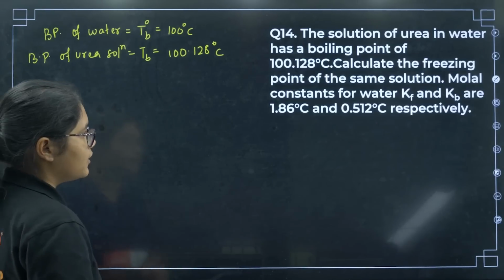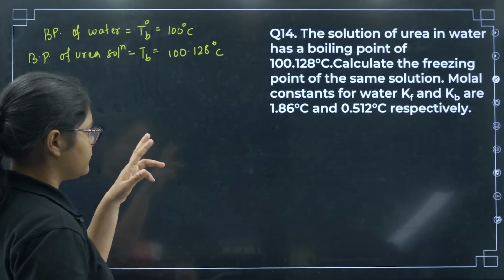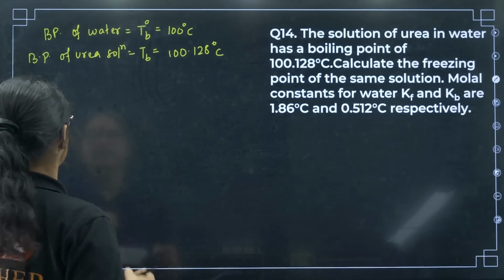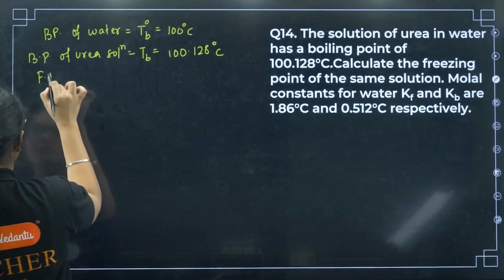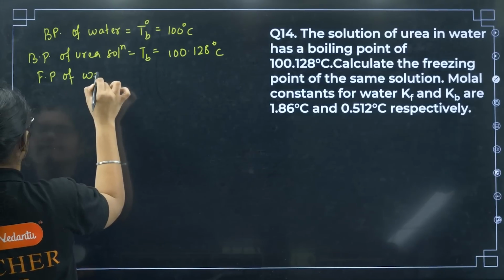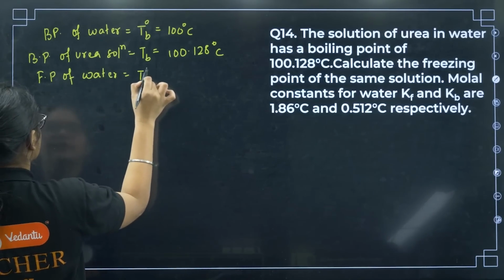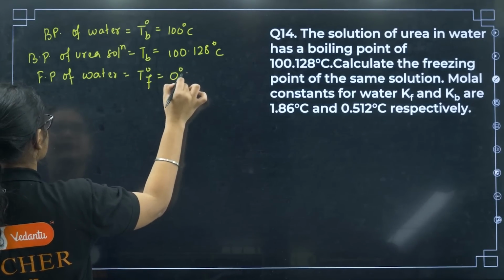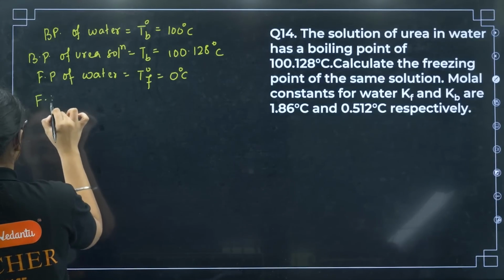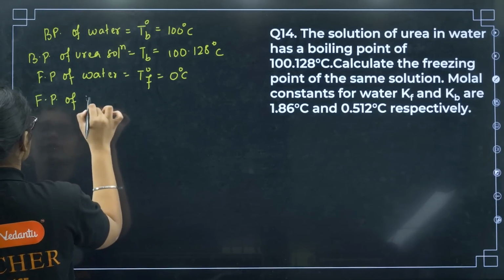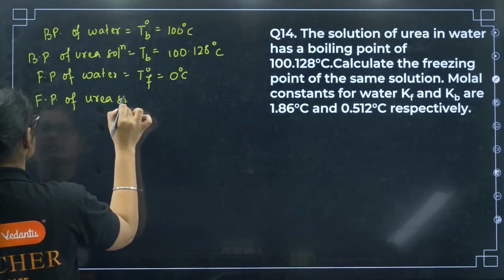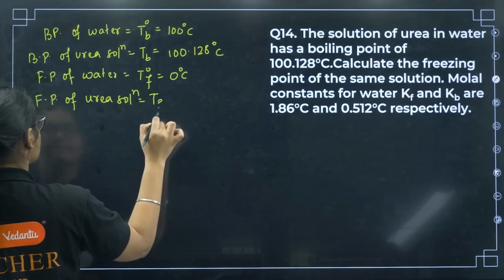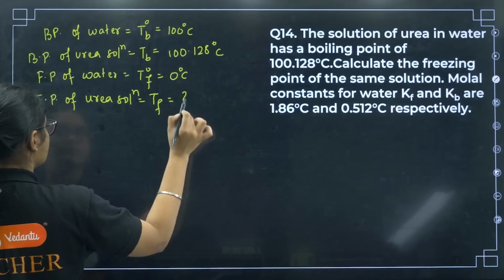Next I have freezing point of water, that is T naught F, 0 degree Celsius. Next I have freezing point of urea solution, TF, I have to calculate.